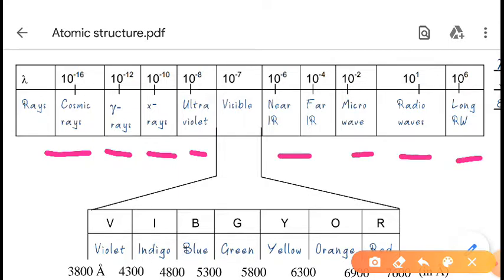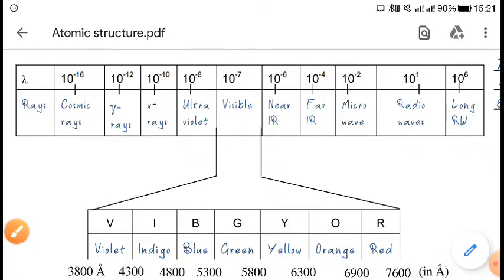Why? Because you have seen the sun rays. Sun rays are also non-mechanical waves, because they reach the earth without any medium. We all know that outside the earth there is no air, nothing is there, and still they propagate and reach the earth surface, because they don't require any medium to propagate.